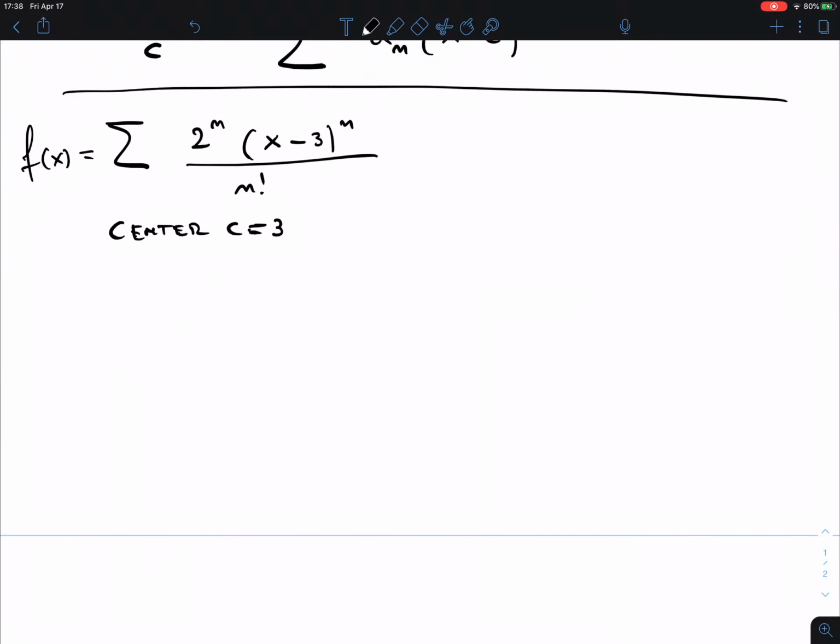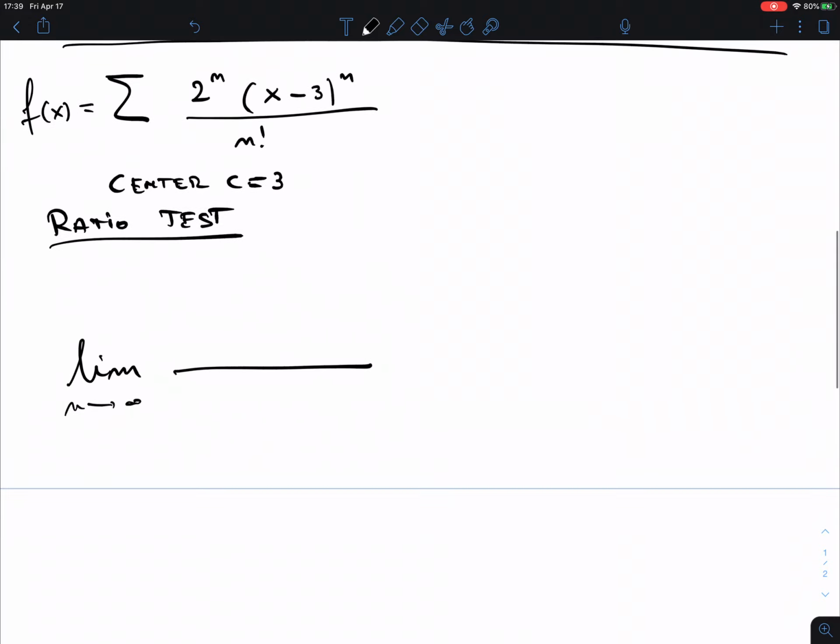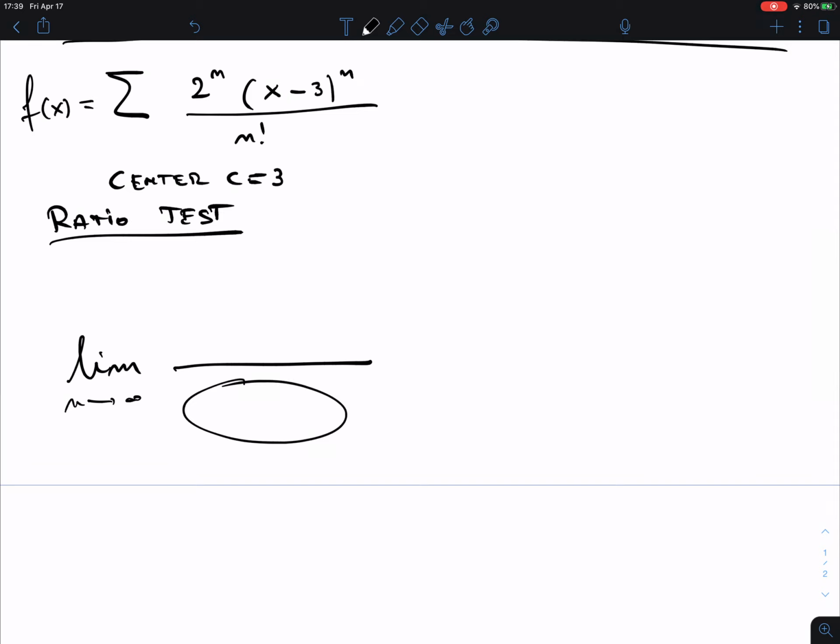Well, we have several tests for convergence, and there is one test that we're always going to use here. In the book they might once in a while use a different test, but let's keep it that way. The test we're going to use is the ratio test. Remember how that went. We have to take the limit as n goes to infinity of a big fraction, and in the bottom you would write the general term. Now this is the general term, including the x part.